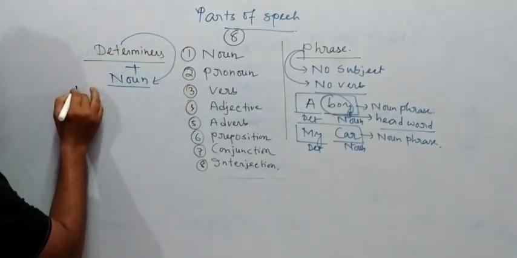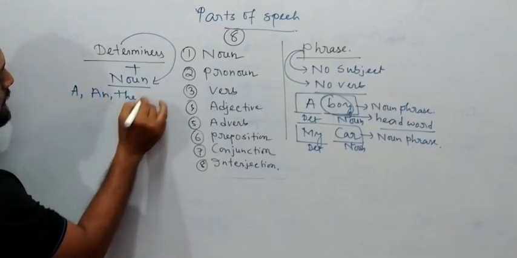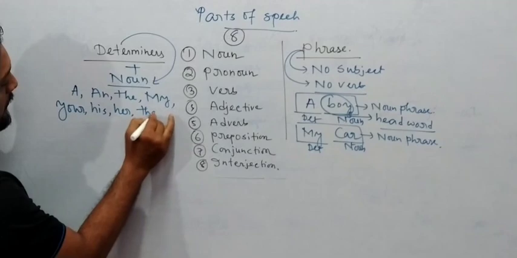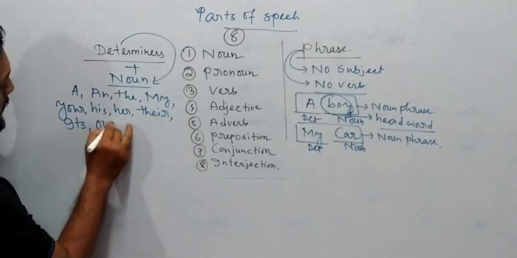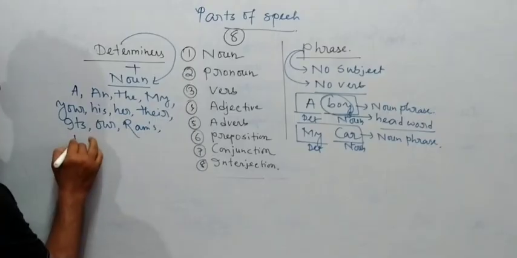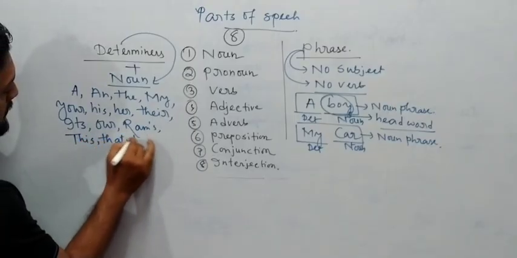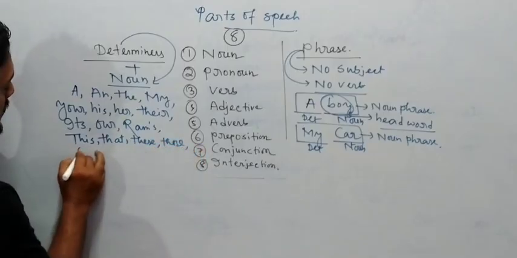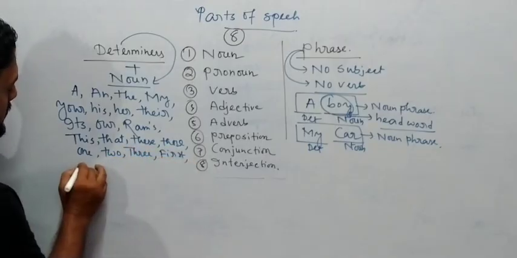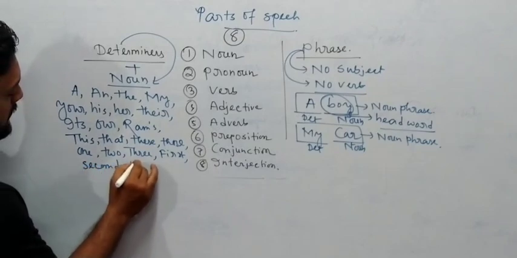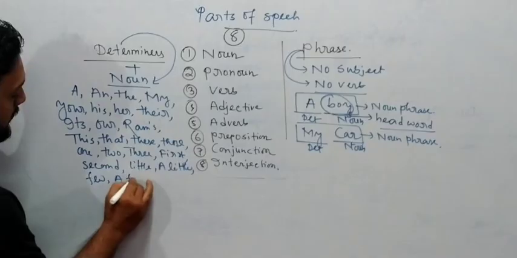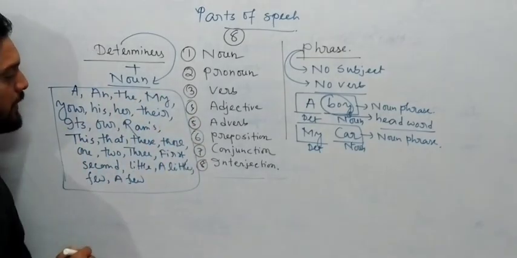Write down some determiners: a, an, the, my, your, his, her, their, its, our, Ram's, this, that, these, those, one, two, three, first, second, a little, few, a few. All these are determiners.